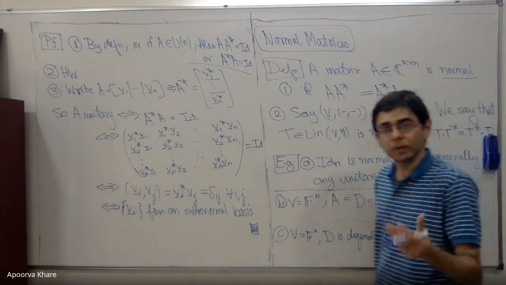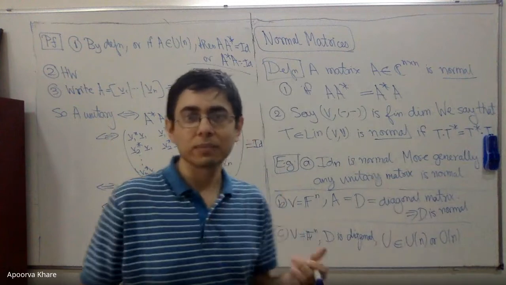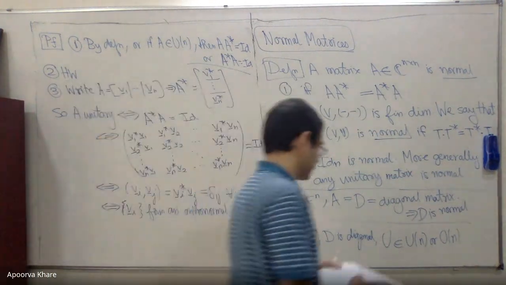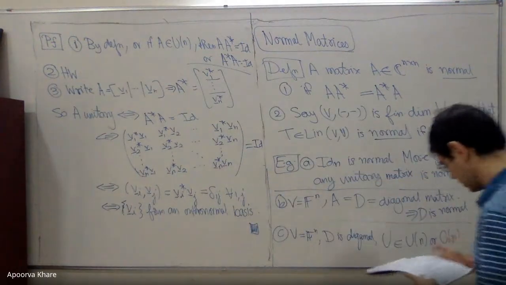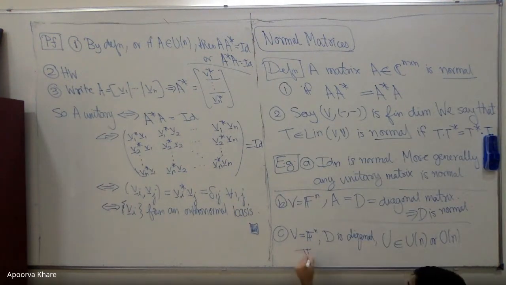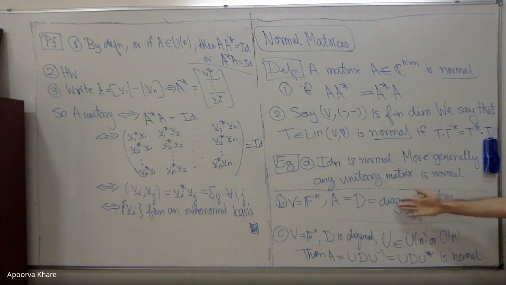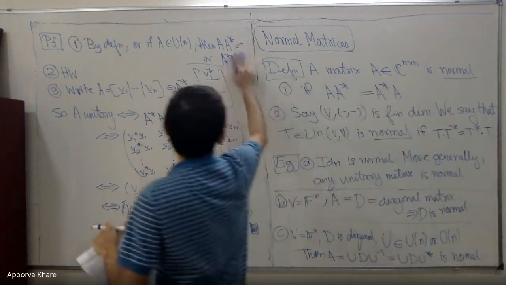And now, like P D P inverse, I do U D U inverse, except U inverse is the same as U star. Then A equals U D U inverse equals U D U star is normal. I'm going to prove this. So in particular, because the identity matrix is unitary, example B follows from example C, and we will prove example C right now.